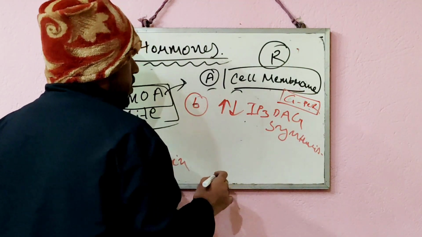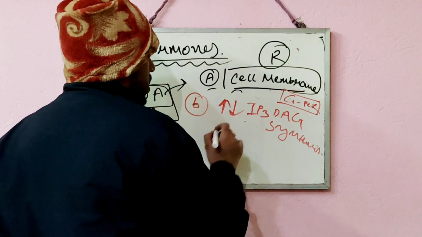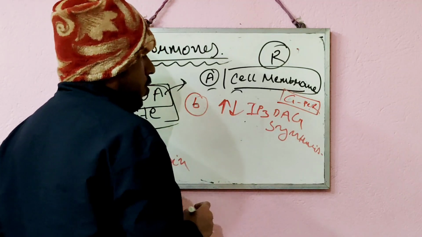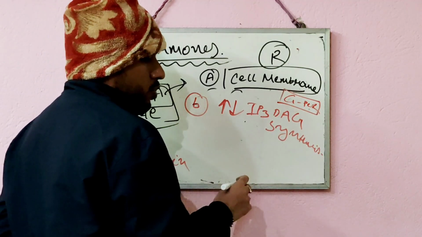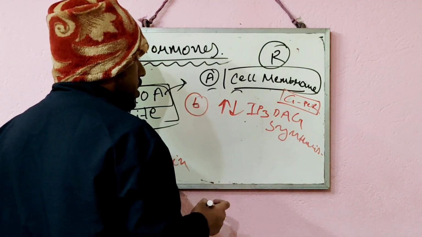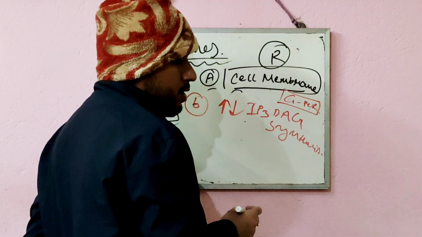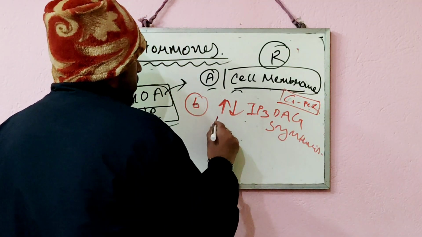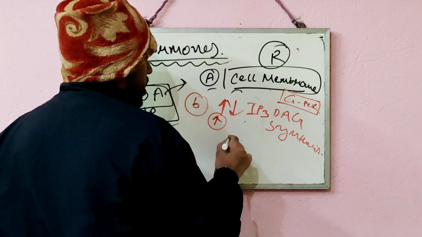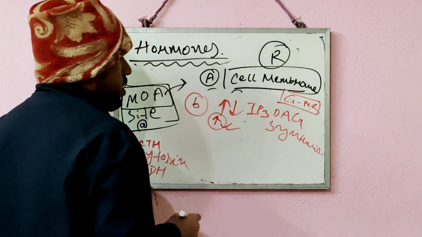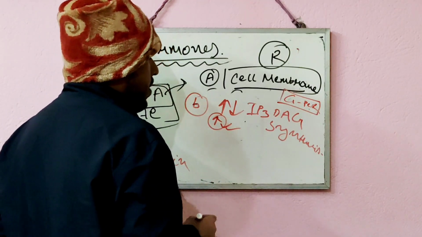The first step is promoting or inhibiting the synthesis of the IP3-DAG pathway, which will increase or decrease the synthesis of IP3-DAG. If it is activated, it increases the synthesis of the IP3-DAG pathway.